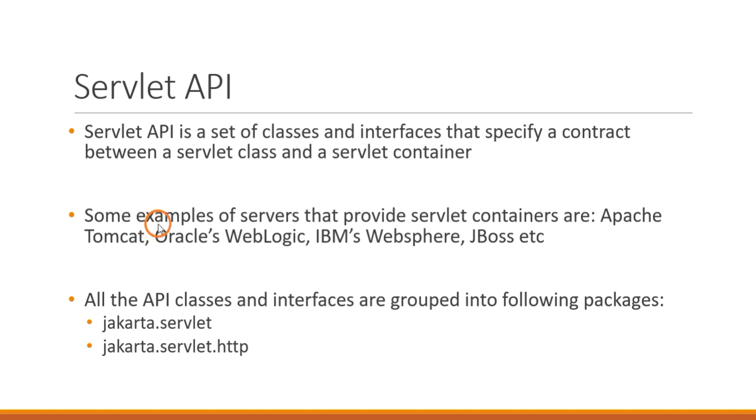So you can see here some examples of servers that provide servlet containers. Our first example is Apache Tomcat, which we are using, and other examples are Oracle's WebLogic server and IBM's WebSphere server, and there is something called JBoss, etc. And one other example is Glassfish. Okay, it is also provided by Oracle, right?